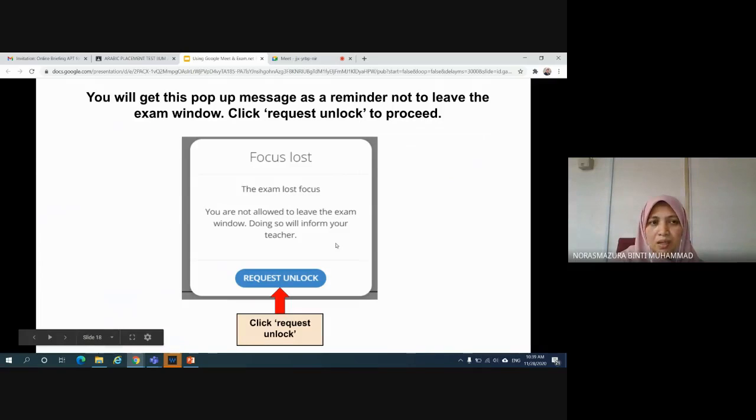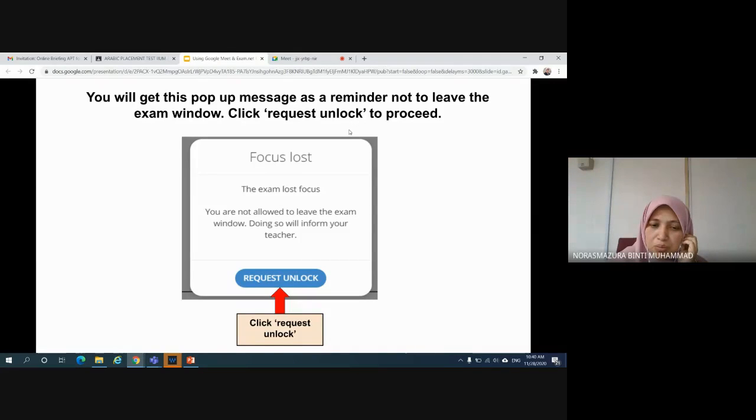You will get a pop-up message as a reminder not to leave the exam window. Click request unlock to proceed. If you get this pop-up message, please request unlock, and then in this request you have to write the reason.